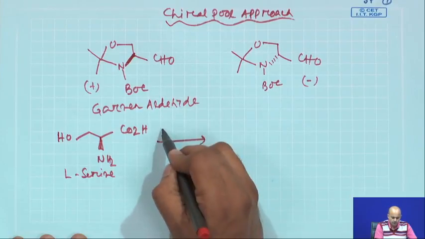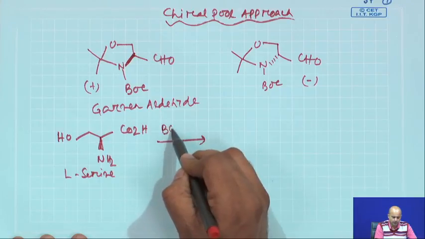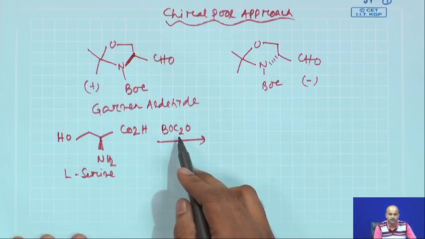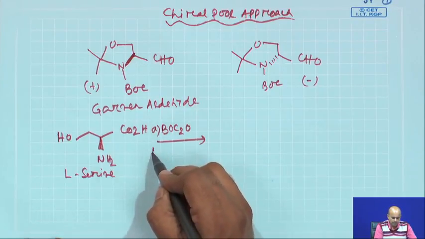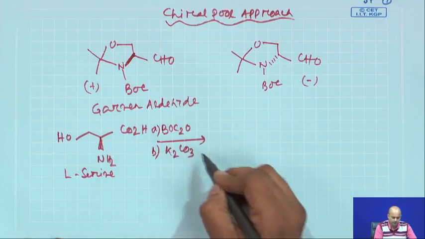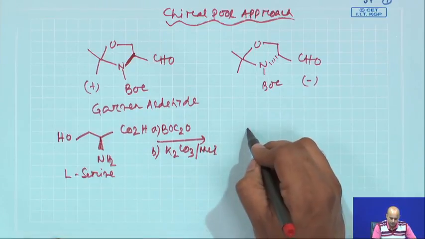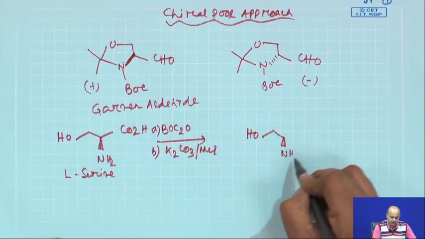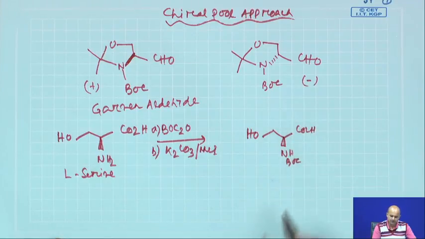Now, first we use a reagent often used as an amine protecting agent, called Boc anhydride. You can see its structure. Boc anhydride is usually used for amine protection, and a mild base like potassium carbonate is used. So, initially if you use this one, you get this NHBoc and CO2H, fine.